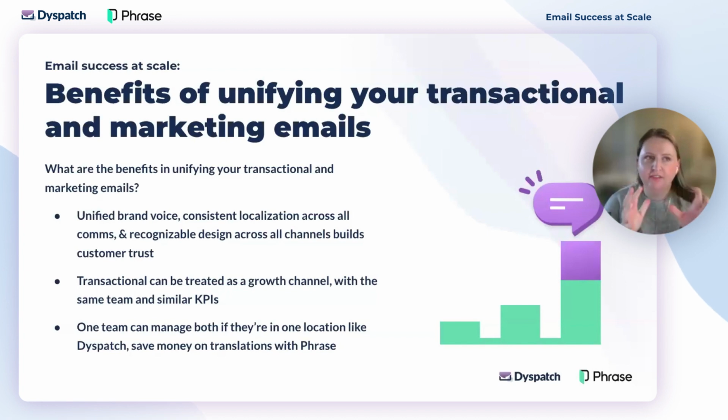To have your unified brand voice, you need to take 10 steps back and have that unification across your product and marketing teams, which, once you have that product and marketing alignment, feeds into your business strategy and your global marketing strategy. So how do all of those things align to make sure that you're serving a unique and unified brand experience, with consistency across each of your locales, but also across transactional and marketing emails.